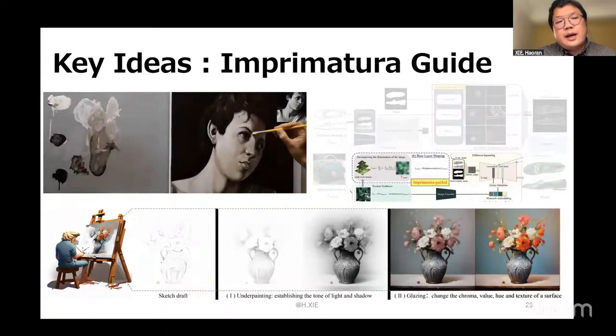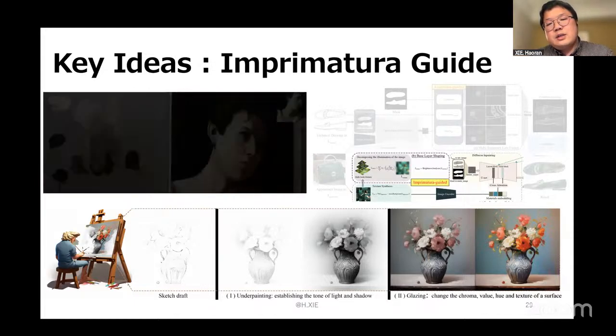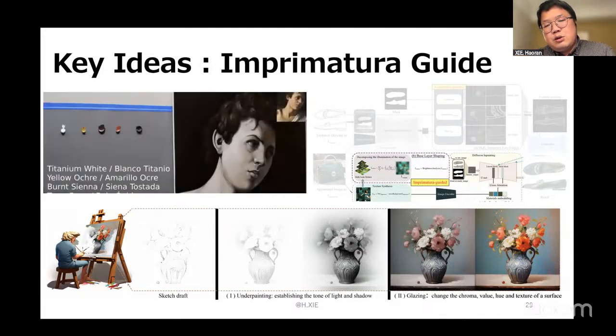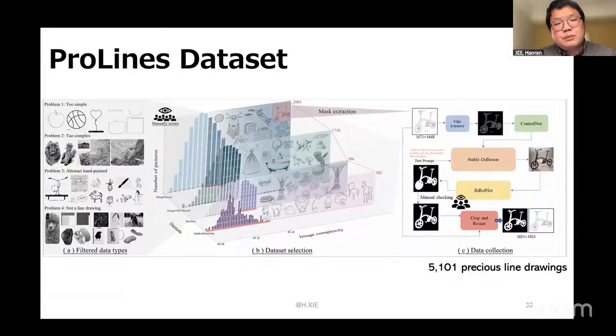Also we get the idea from oil painting, so we can consider different color and illumination effects. One minor contribution is that we also construct a dataset for professional drawing, which is useful especially for understanding how experts work to recover the texture features.